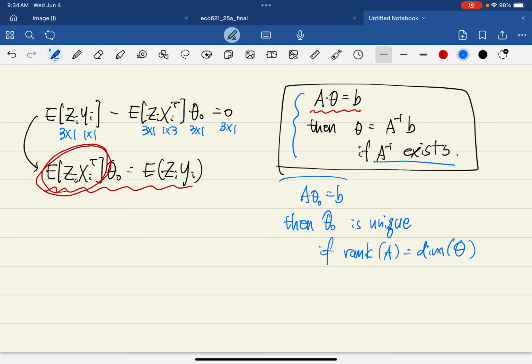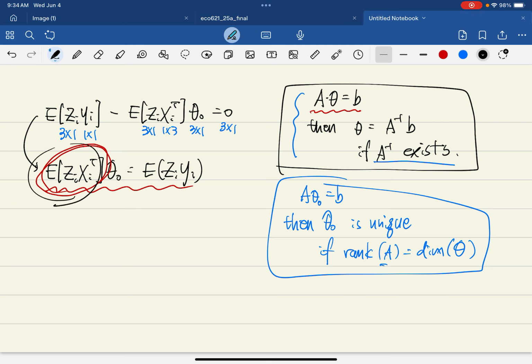So this was the more general setup when A is not a square matrix. Okay, anyhow, in this case, it is a square matrix, so we don't need to worry about the more general case, right? We have exact identification, and then what you need as the additional condition is its invertibility.